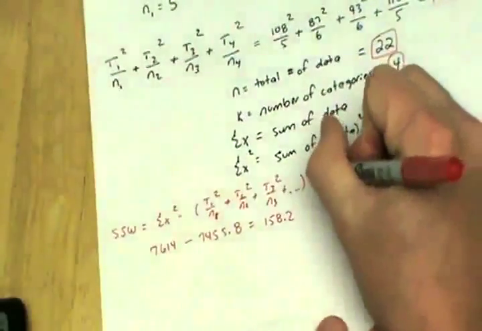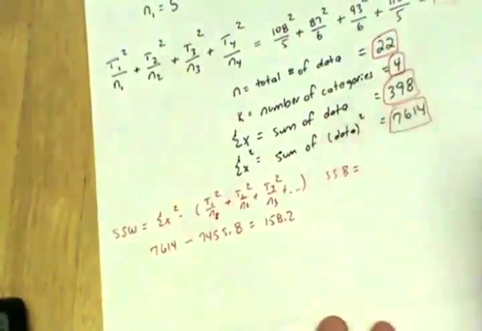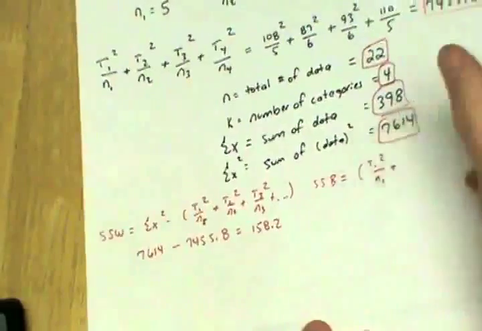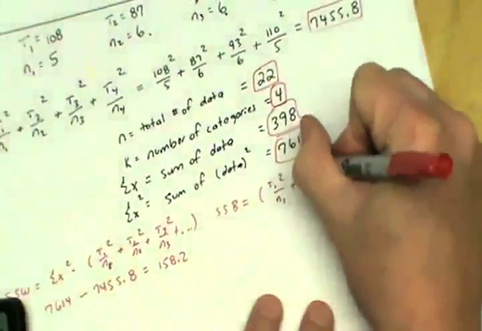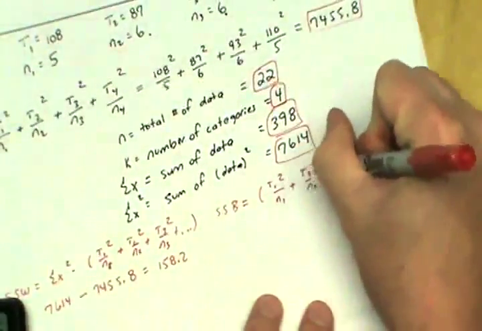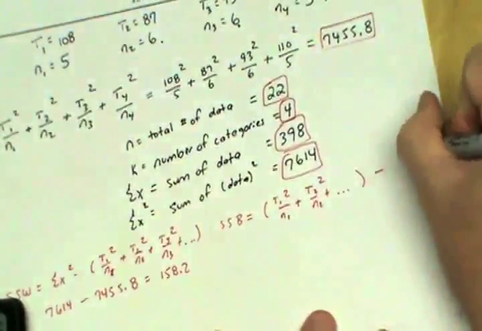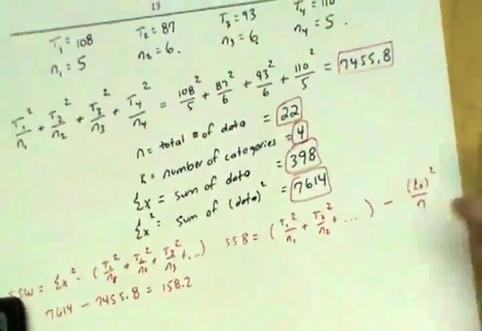So over here, we're going to say SSB is t1 squared over n1 plus t2 squared over n2 plus dot dot dot, minus the summation of x, the quantity squared over n. Now we already have all of these values.